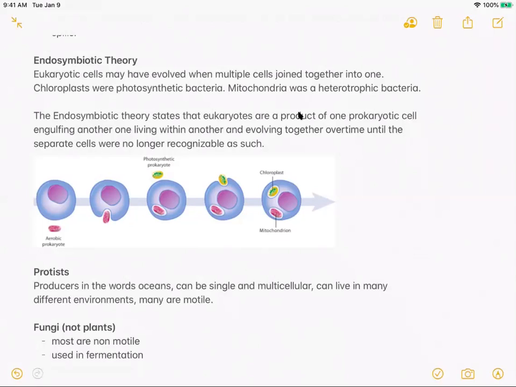It was engulfed by this prokaryotic cell. In the case of chloroplasts, chloroplasts existed as a photosynthetic prokaryote on its own that was also engulfed by a cell. And eventually, as evolution went on, these cells would all become one.